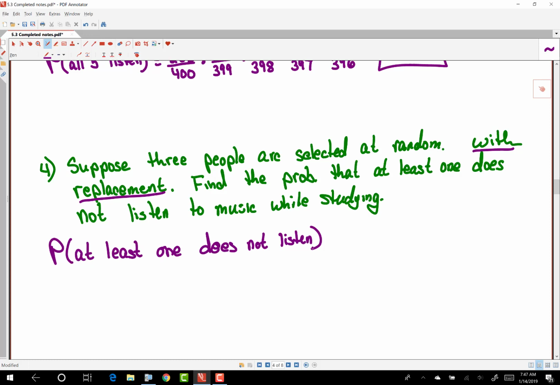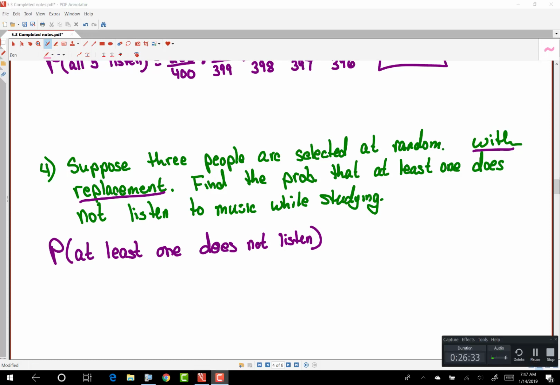Well, one way to do this is to do it directly. And so what we would have to do is figure out, when you're selecting 3 people, all the different ways that you could get at least one that does not listen to music. So just to give you a little overview of that, I'm going to let L stand for listen and D stand for does not listen.